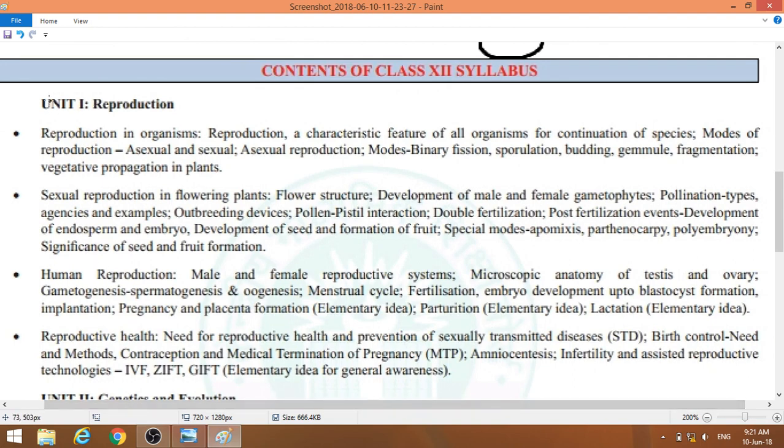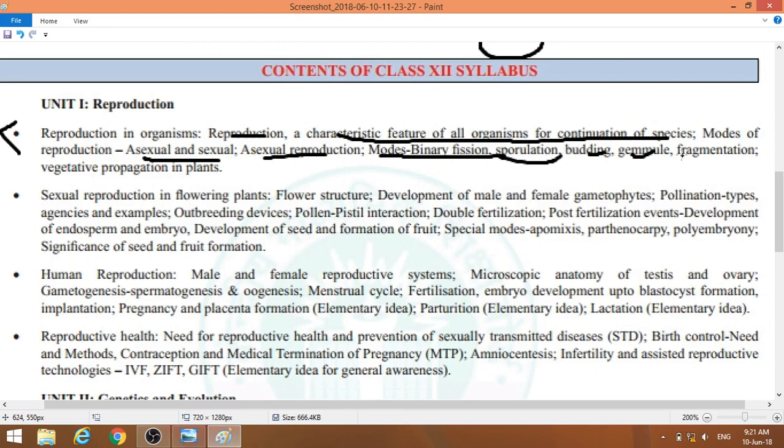That is reproduction in organisms. So this is general. What is reproduction? Characteristic features of organisms, function of species, modes of reproduction: asexual and sexual. Asexual includes binary fission, sporulation, budding, gemmules, fragmentation, vegetative propagation in plants. A question was related to budding.